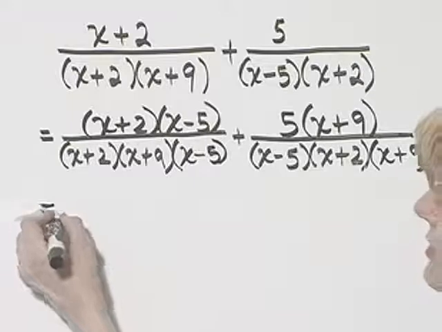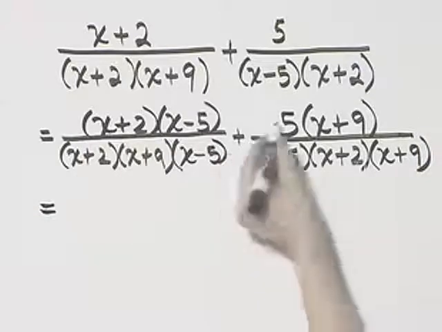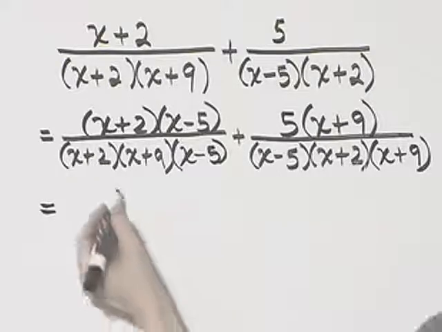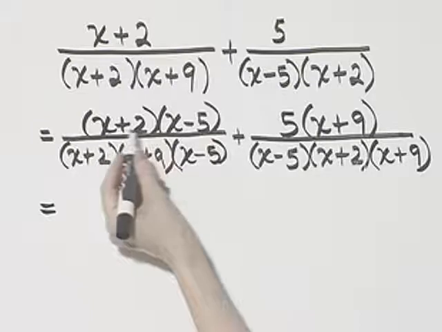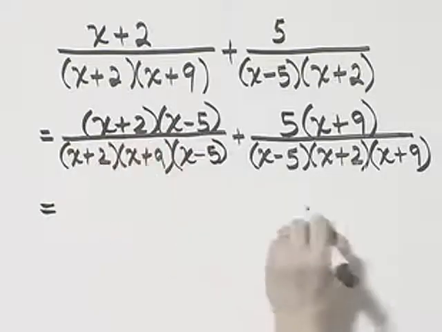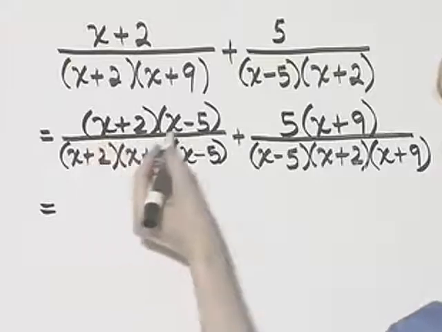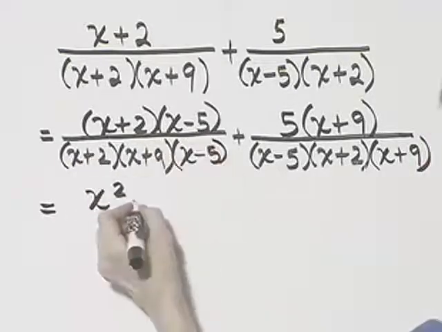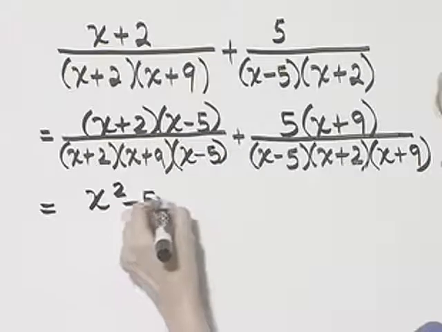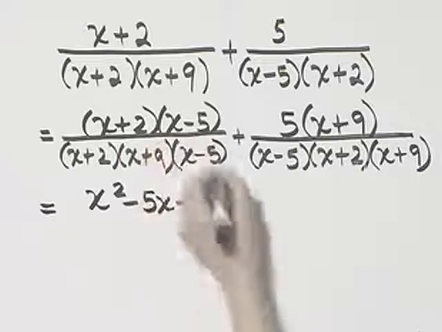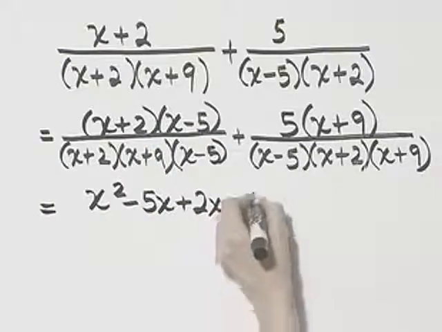Why? Because now I can write it as numerator plus numerator all over a single common denominator. Let me do that, but at the same time, I'm going to start simplifying by multiplying these two factors out. It's binomial times binomial, so I'll FOIL. First times first would be x squared, and then the outer products, that's minus 5x, inner plus 2x, and then last times last, minus 10.